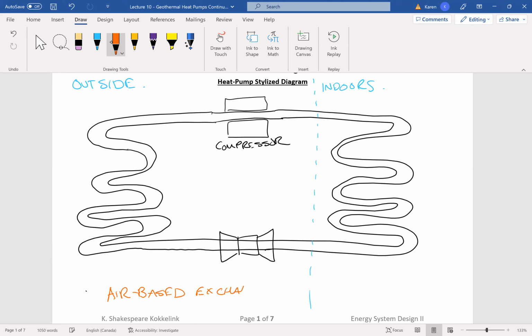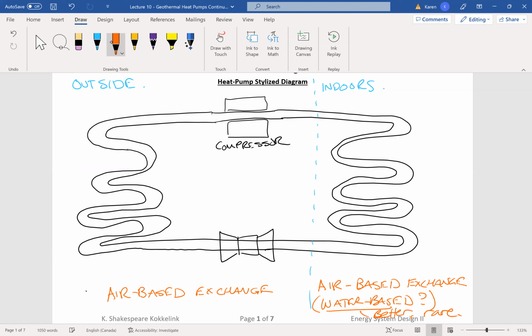And what I'm trying to work on is this being a water-based exchange, but right now, all you can really buy is an air-based exchange. I'm going to put in brackets, water-based, a little bit available now, but it is better.